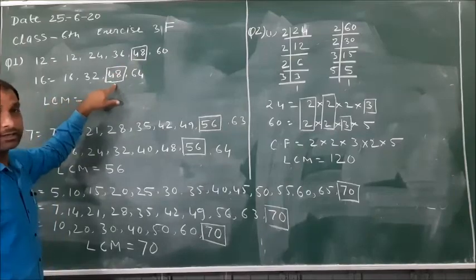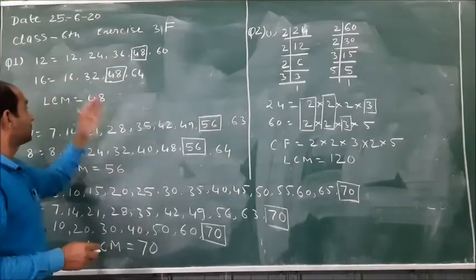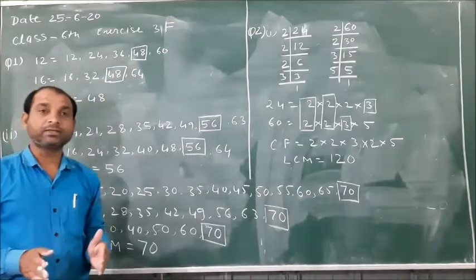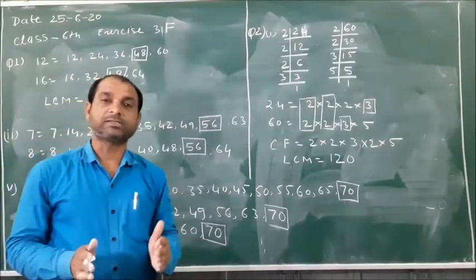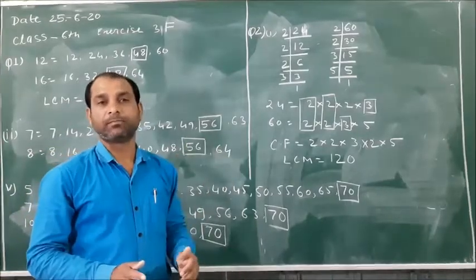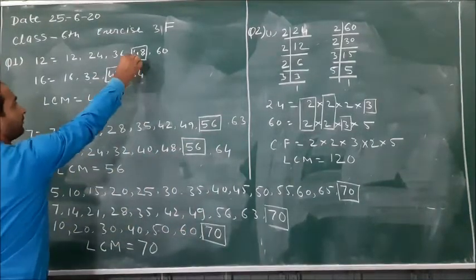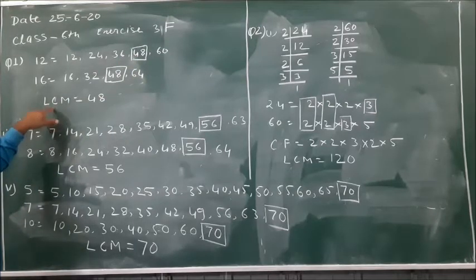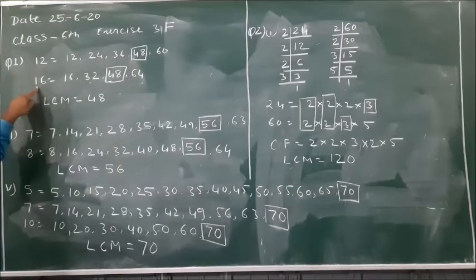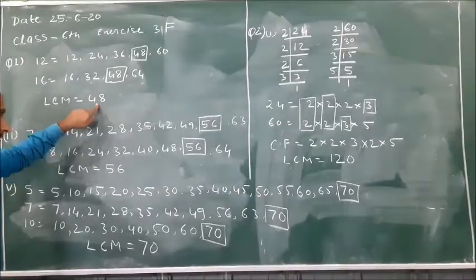Here 48. In the multiple method, we find the first common factor, and the first common factor is the LCM of these numbers. So here this is the first common factor, 48 and 48. So the LCM of 12 and 16 is 48.